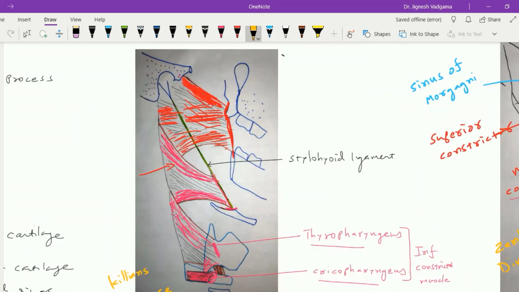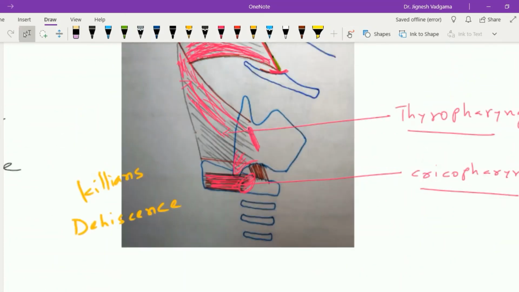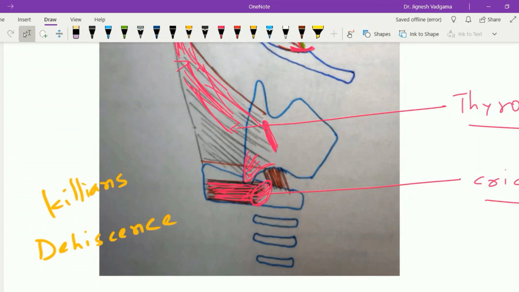In this figure, you can see that when simultaneous contraction of the thyropharyngeus and cricopharyngeus muscles occurs, it leads to outpouching of the mucous membrane from Killian's dehiscence, and this outpouching is called Zenker's diverticulum.